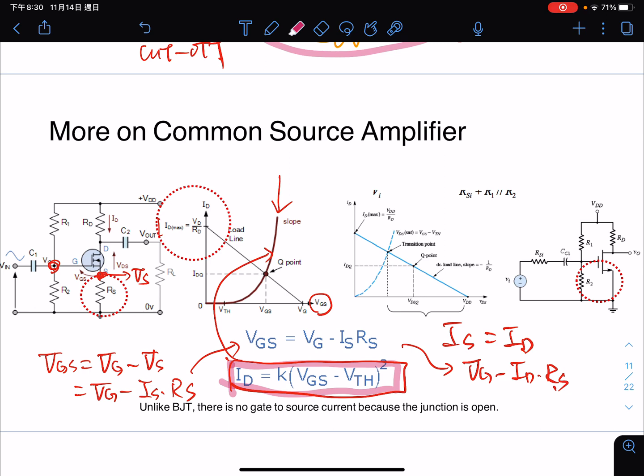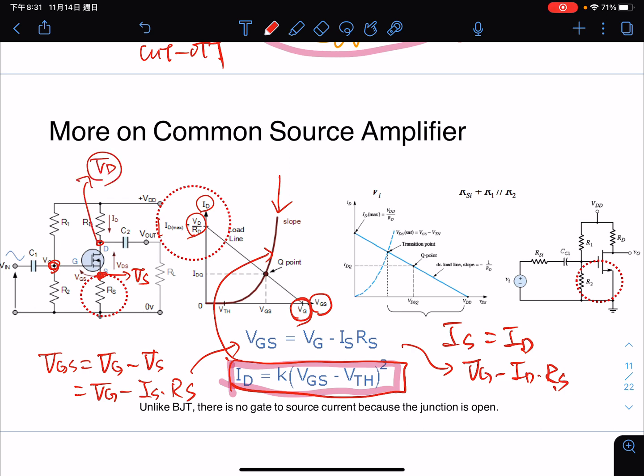load line here, but just be careful. This is the VG. Okay, this is the VG, and the maximum ID current here, and in this particular drop, the VD should be here.